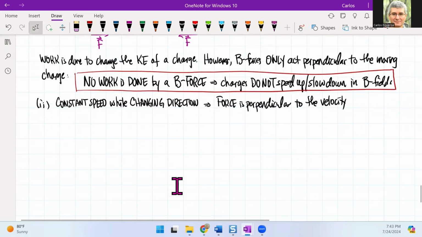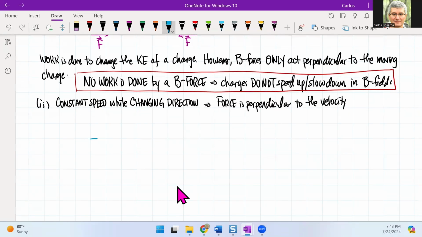So if I look at the situation, I could imagine that I have velocities that are going like this. I have a velocity that's coming like this. I have another velocity that's still going in the same direction, but now I have a magnetic force that's acting perpendicular, either in this direction or in that direction.